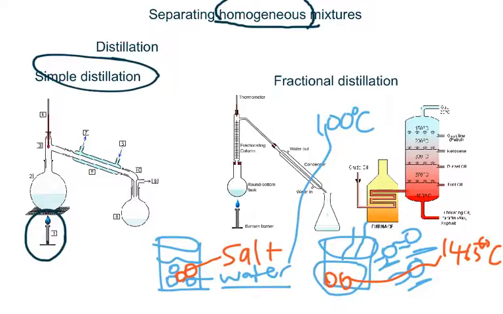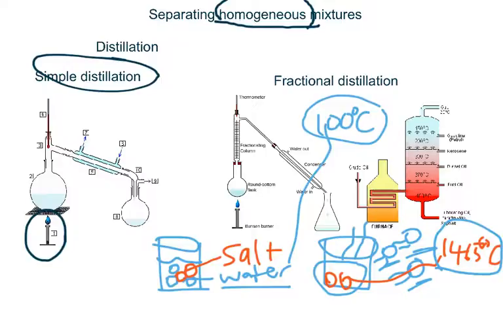Because when you add heat, you're adding heat until it reaches around 100 degrees Celsius, then the water will start boiling off at this temperature, but the salt will not boil off because salt has a boiling point of 1,465 degrees Celsius, so therefore it'll stay as a solid. And that's how distillation works, is that when you add heat to the solution, all the water will escape, leaving the salt behind.